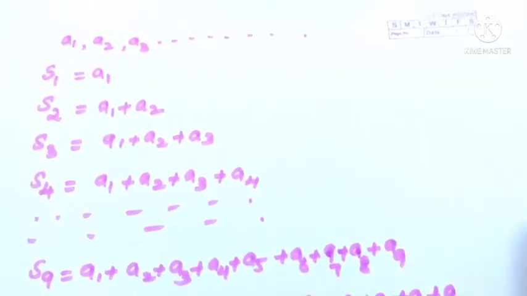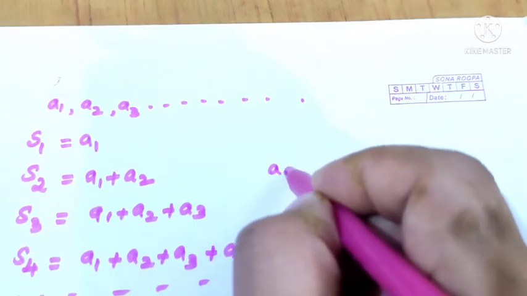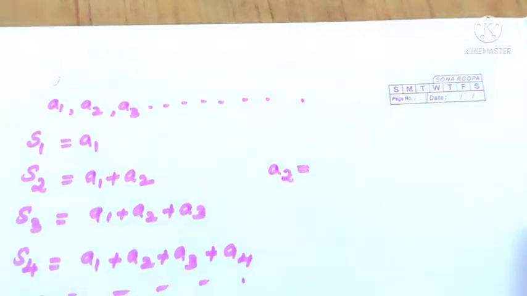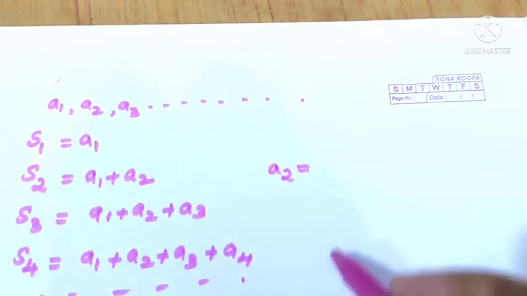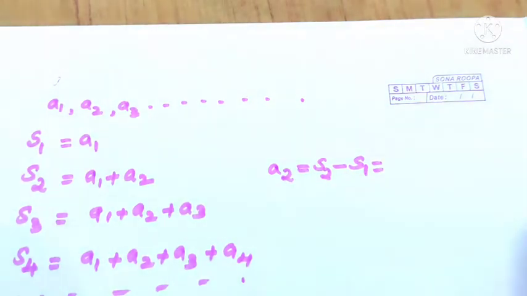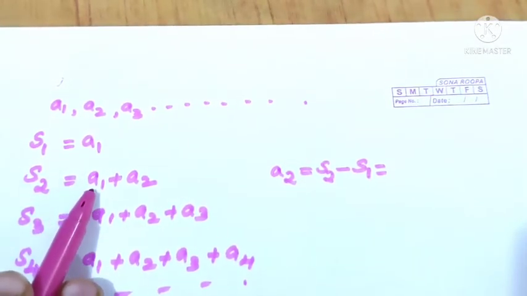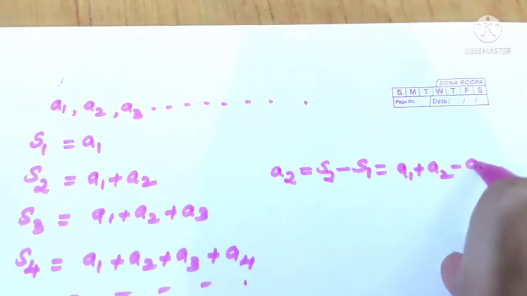Now my question is, if I want to get a2, what should I do? S2 minus S1, can I write? S2 minus S1, what is the meaning? What is S1? S2 is a1 plus a2 minus a1.